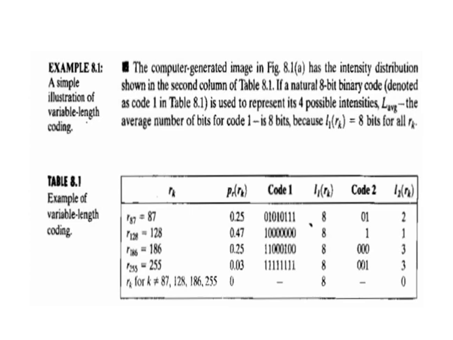The computer generated image we saw previously has the intensity distribution shown in the second column of the table. If the natural 8-bit binary code is used to represent its 4 possible intensities, the average number of bits for code 1 is 8 bits, because l_1(r_k) is equal to 8 bits for all r_k.